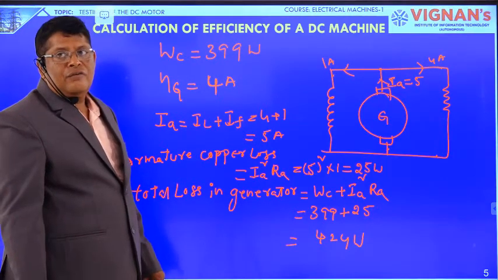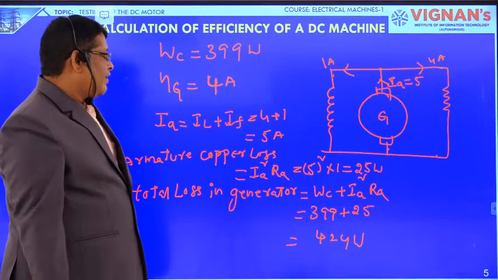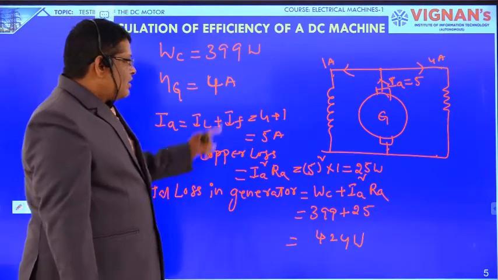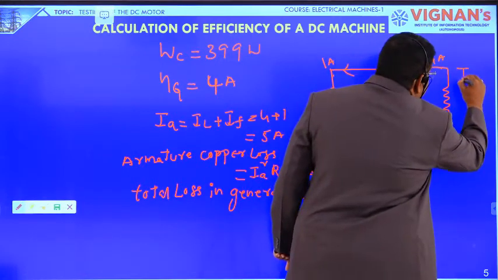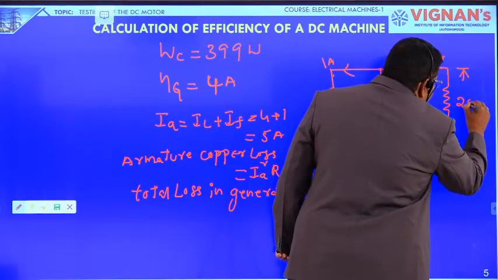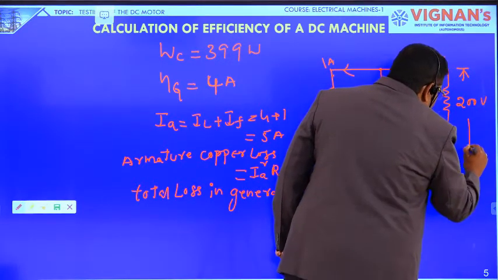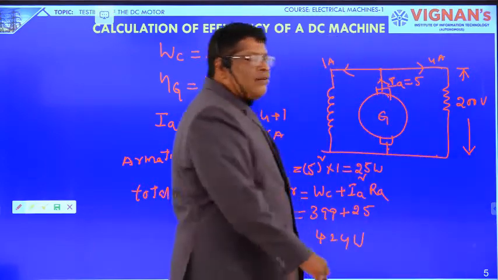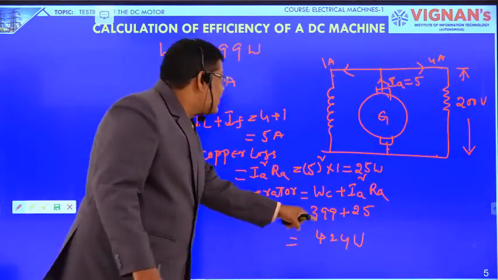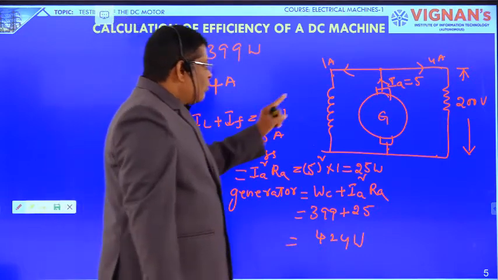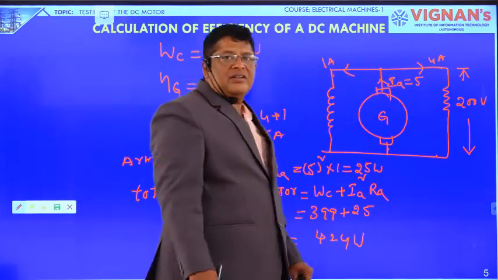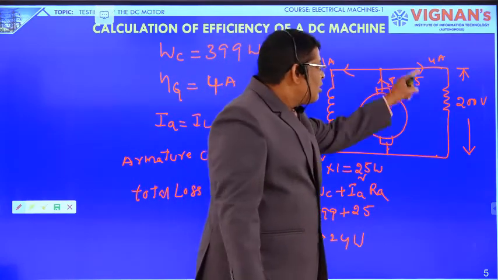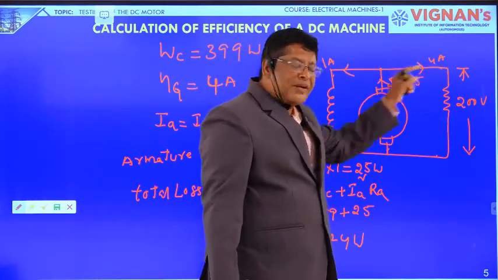Now, at what voltage is the generator supplying? Here we have taken 200 volts. So at 200 volts, the generator is supplying 4 amperes of current.